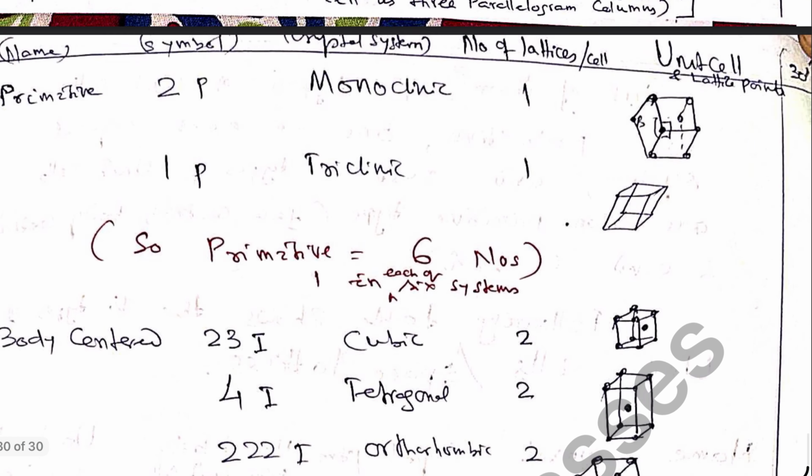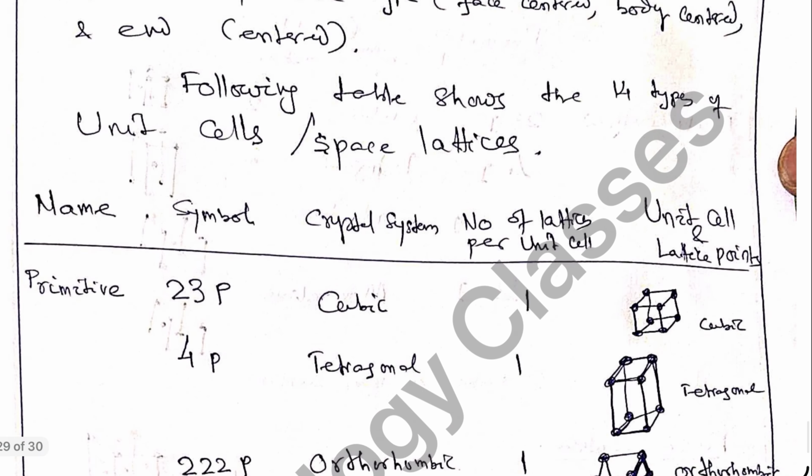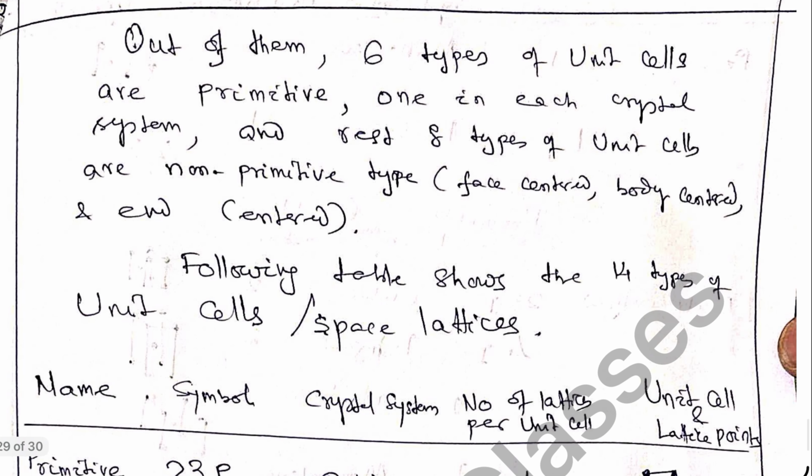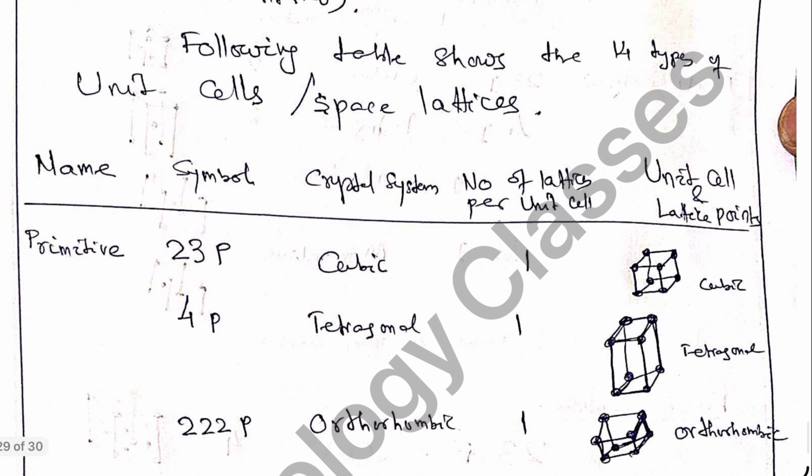Then we can sum up. All these lattice points can be grouped into 14 types of Bravais lattices. If you take into account primitive, body centered, face centered, end centered, and if you consider the crystallographic systems, we can consider that there are 14 space lattices possible, which are called Bravais space lattices.